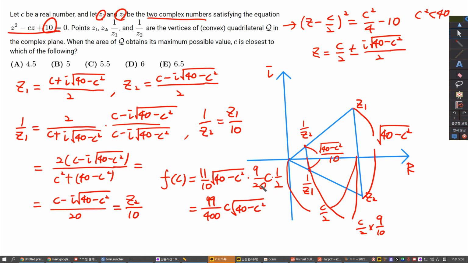So we can simplify the expression like this. And then to find the maximum area, we are going to differentiate this function. I'm going to use calculus, the derivative.